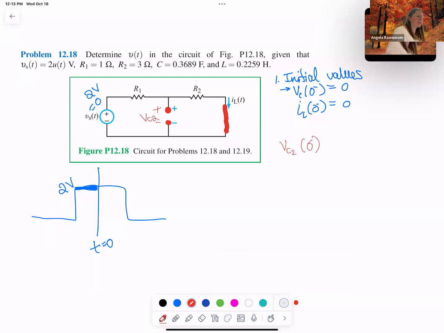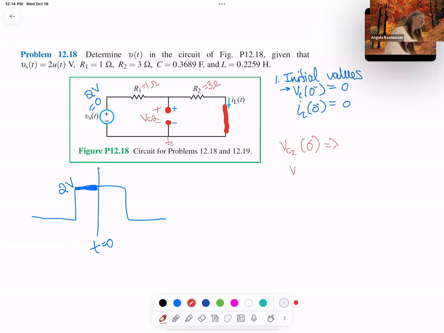How do you find that value? Well, these two can be 2 volts for the source. This is 1 ohm, this is 3 ohms. Voltage divider. Okay, you could do a voltage divider, or you could do node voltage. Treat that as a node there.